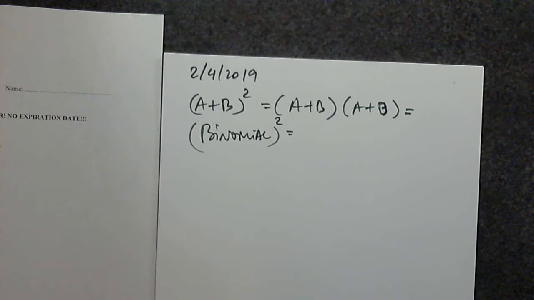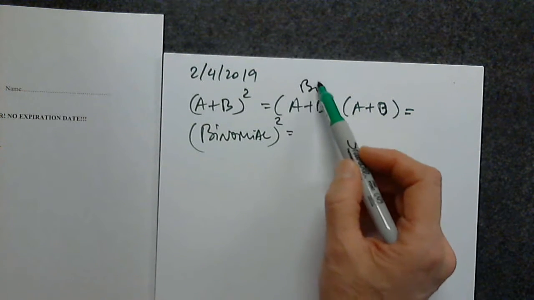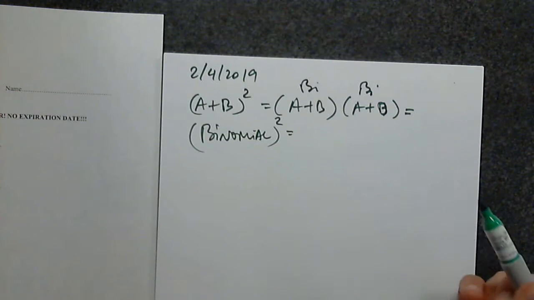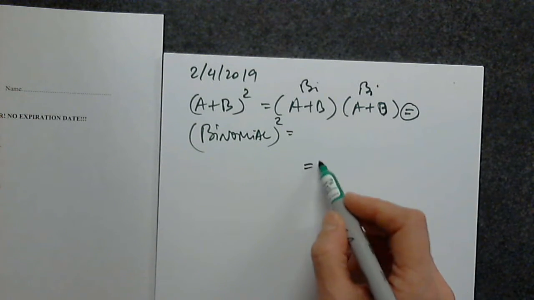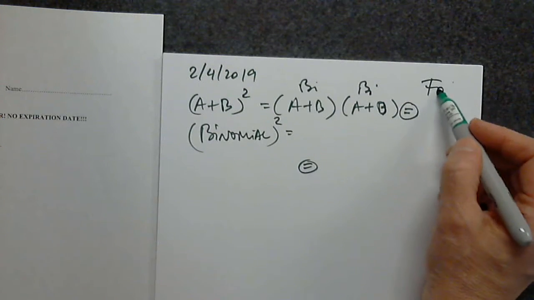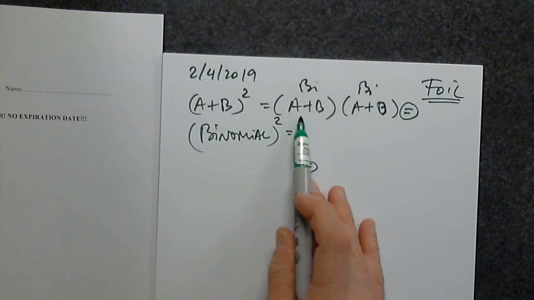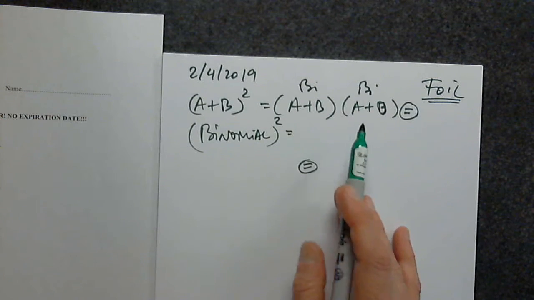Perfect, thank you. So this is a binomial times another binomial, (a + b)(a + b). And we're going to use which method? The FOIL, very good. We are using FOIL. Good. So a times a, very good.